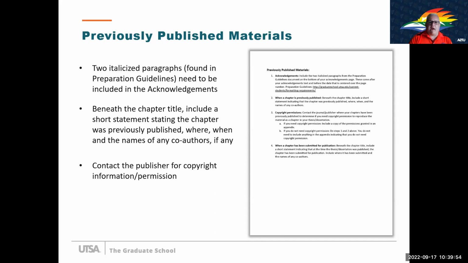You can find these in the prep guidelines, and you will include those 2 italicized paragraphs in the acknowledgements, on the acknowledgements page. You do not have to make up these 2 paragraphs. The paragraphs are actually there in the template. If you do not have previously published material, you can just delete those paragraphs, but those paragraphs will always be italicized and single spaced. And then beneath the chapter title, include a short statement stating the chapter was previously published, where, when, and the names of any co-authors.